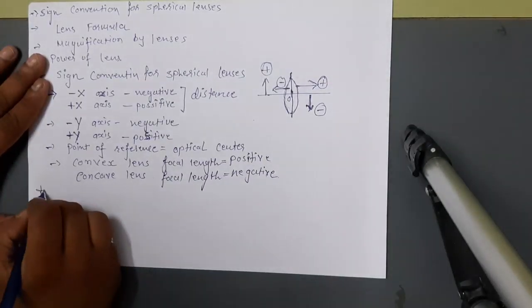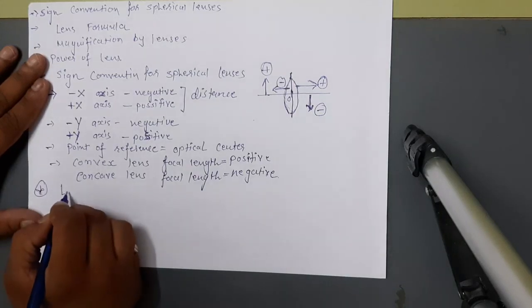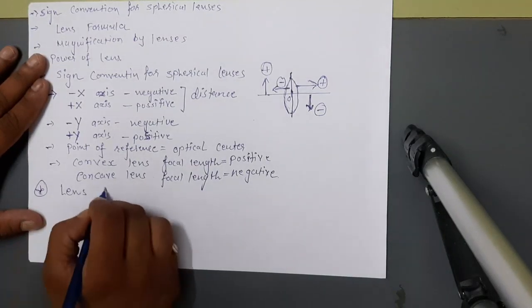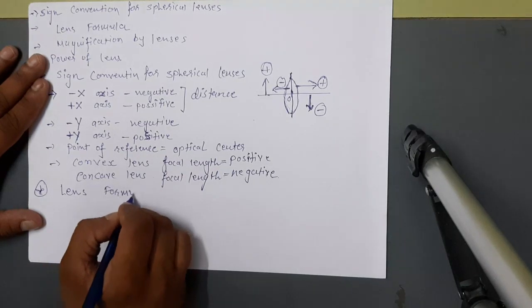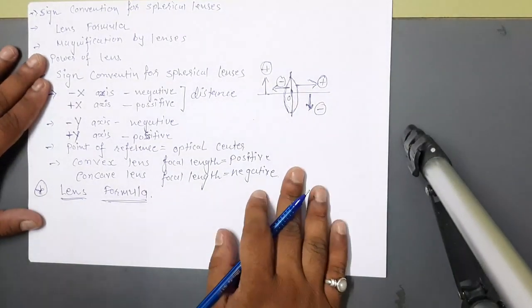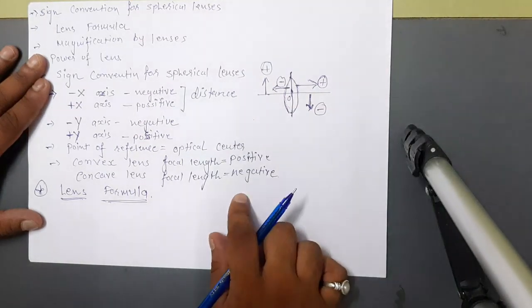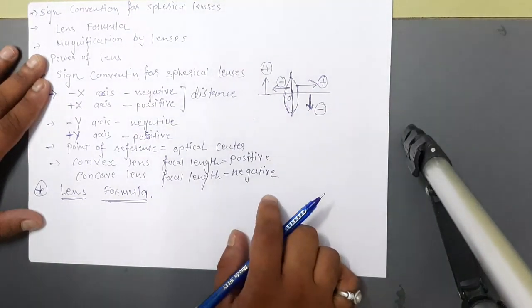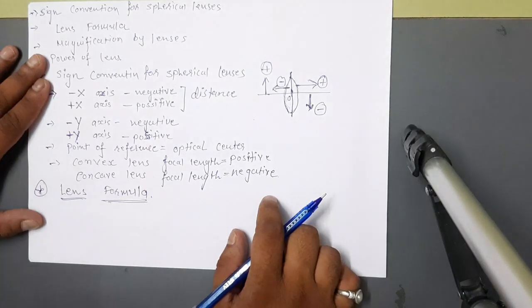The second concept to understand is the lens formula. As we studied in mirrors, the formula which gives the relation between u, v and f is the mirror formula.